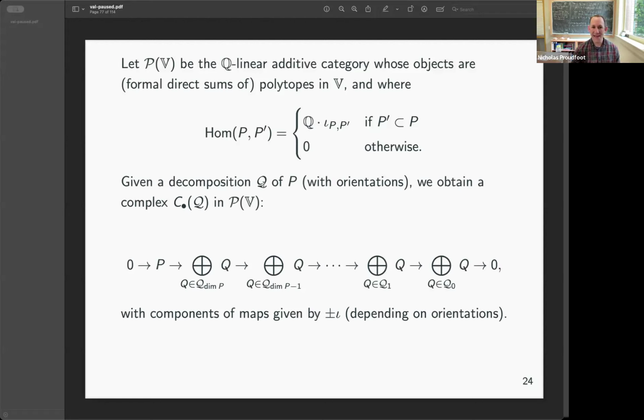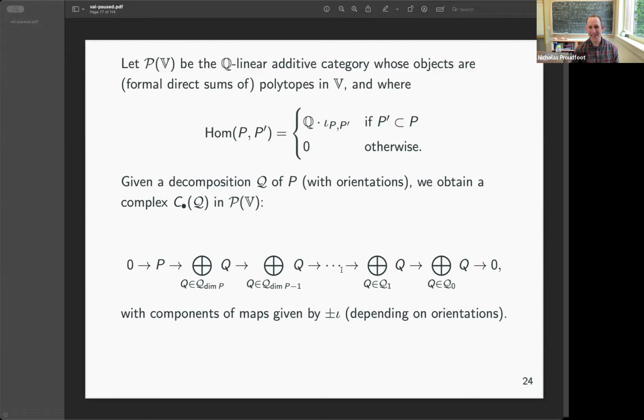So given a decomposition of a polytope P, where I've chosen orientations of all the faces, I can build a complex in this category where, just in rank K, I have the sum of all the K-dimensional interior faces.